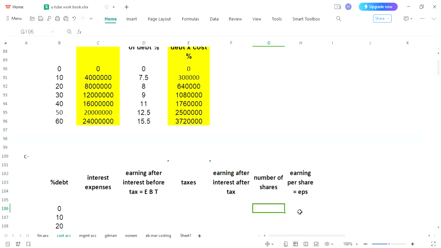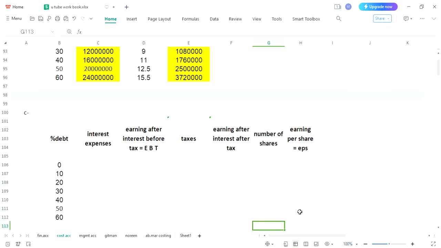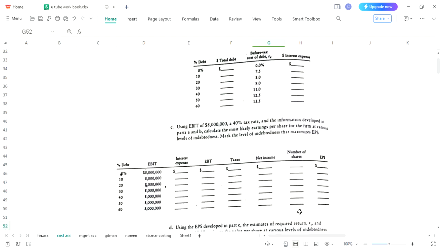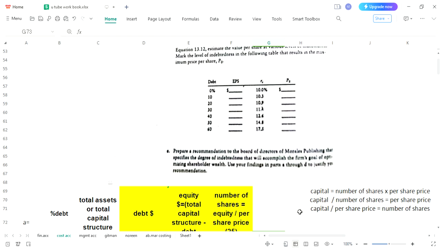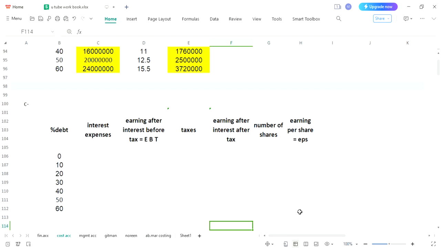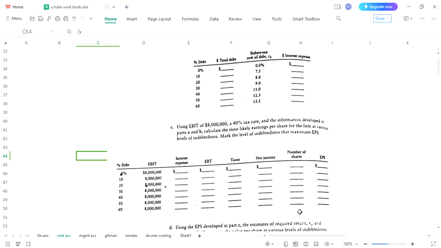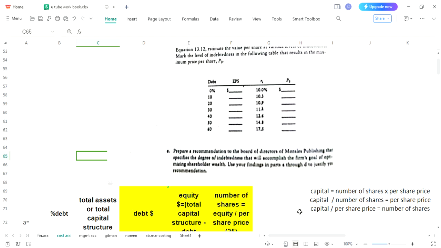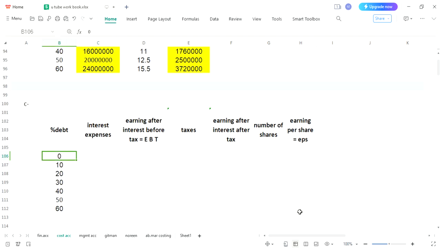So this was the performa which was required in our question, and you can see that only first two columns are filled, remaining all columns are required to be filled. So here percentage of debt, okay, one more column was needed. Let's take this debt.